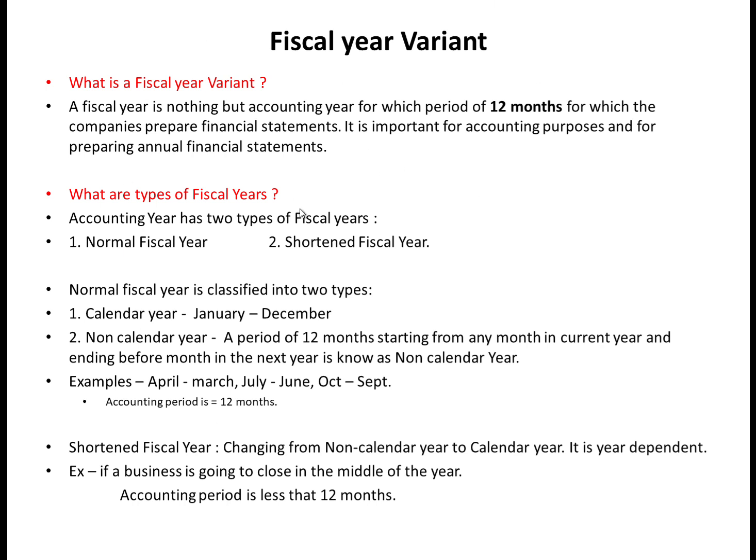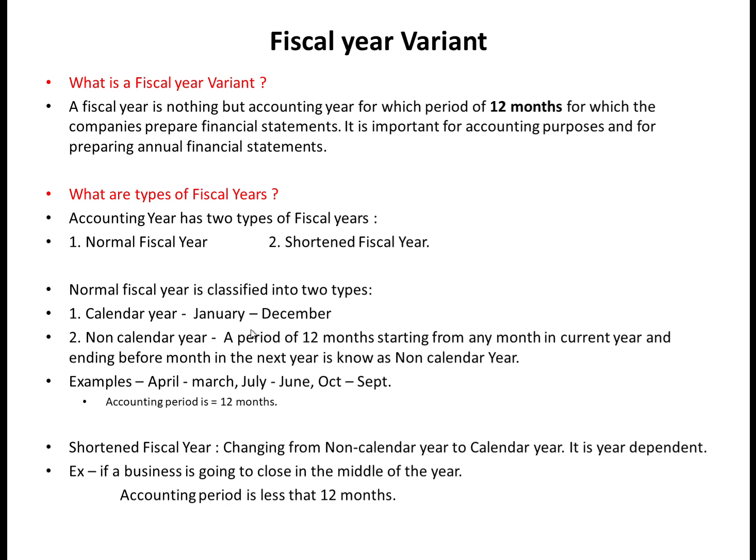Coming to the types of fiscal years, we have two types: the normal fiscal year and the shortened fiscal year. Under the normal fiscal year, we have a sub-classification: calendar year and non-calendar year. A calendar year, as I said earlier, is from January to December, a straight year.